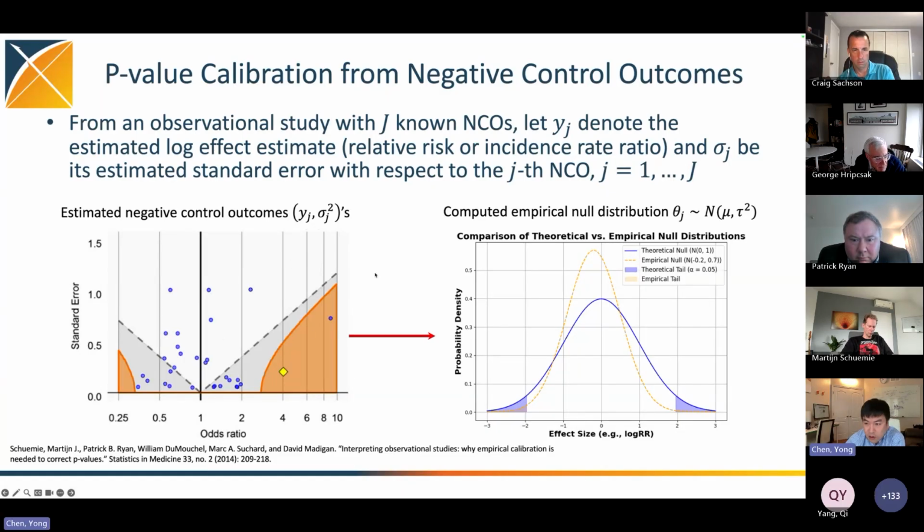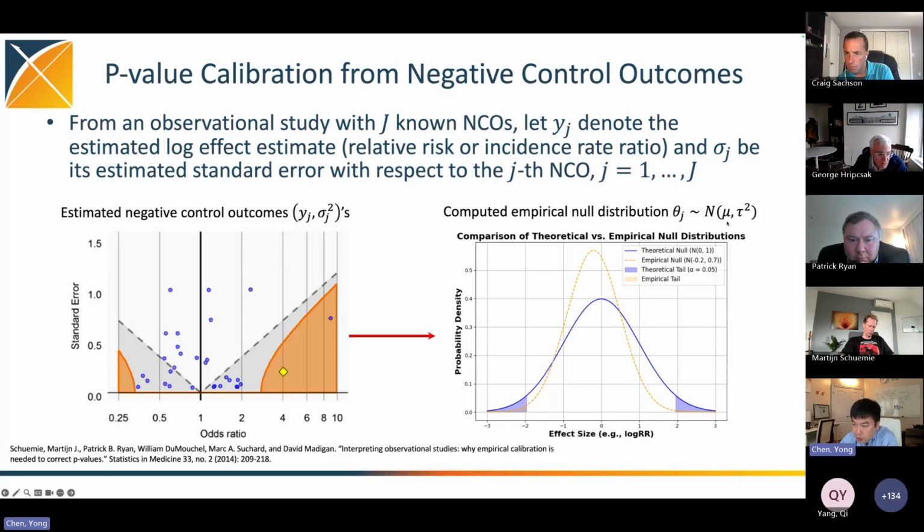And then using the empirical NCOs, we can estimate their distribution. And in reality, we know the true NCO should have mean 0, but this distribution of Yj, indicated by the random effect theta j, may not have a mean of 0.